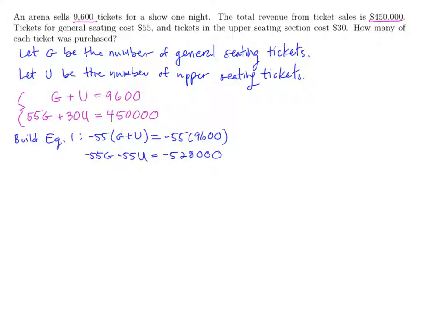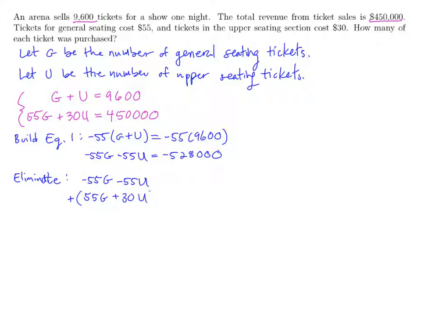At this point, we can use this built-up equation 1 and equation 2 to eliminate one of those variables. So to eliminate, let's take that negative 55G minus 55U, and that's the left-hand side of equation 1. Now let's take the left-hand side of equation 2, which has positive 55G plus 30U.